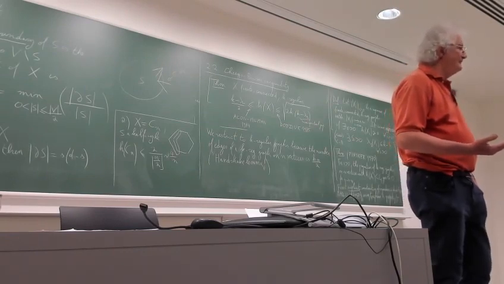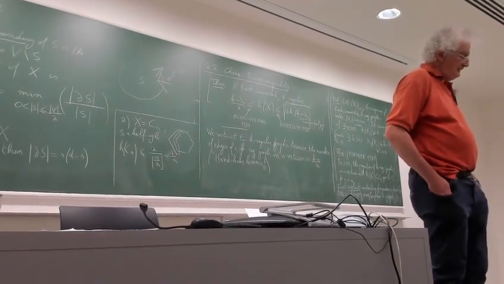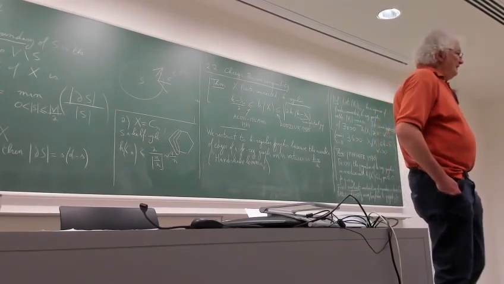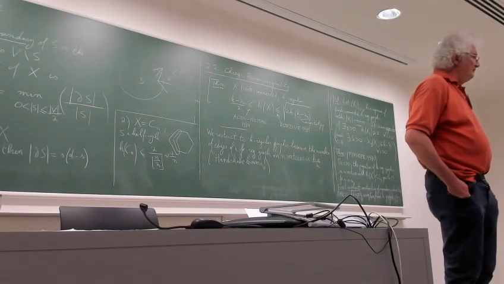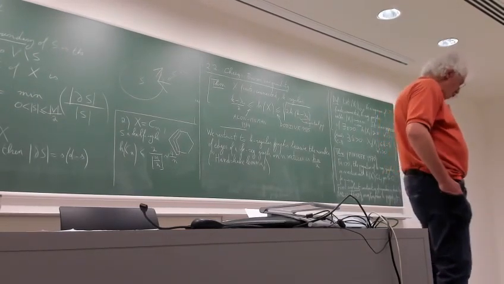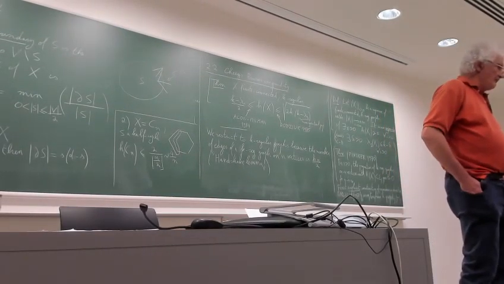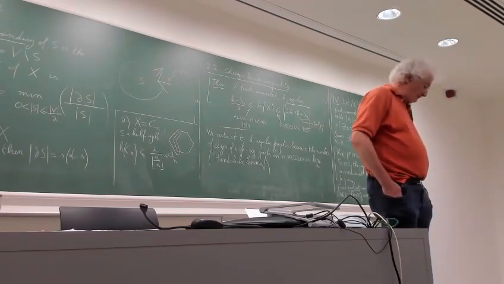It's not a construction, it just says that if you take a random one, you'll get an expander. Most graphs are expanders. It's the same argument as Pinsker's.